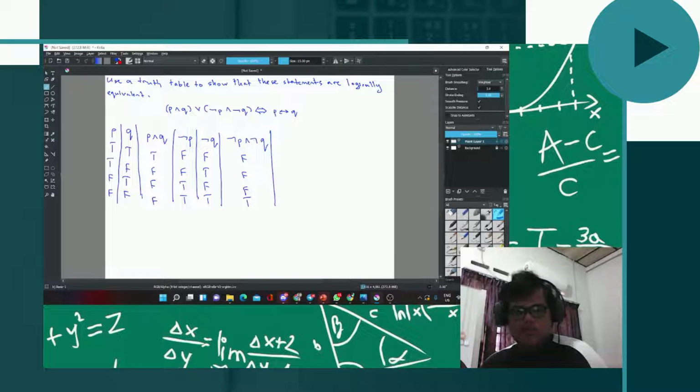And then we make it A here and B just to make it shorter. A or B is true, false, false, true.